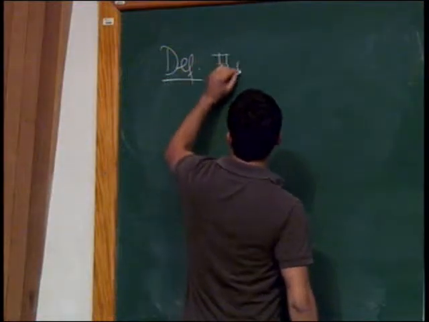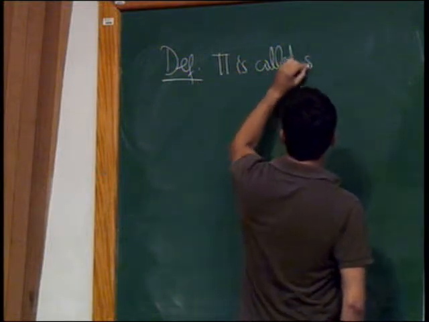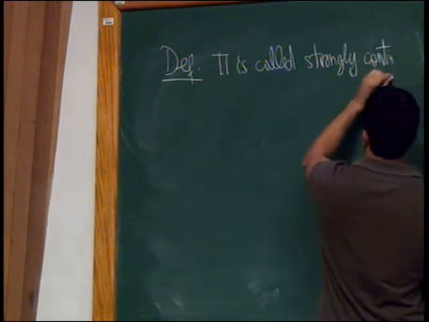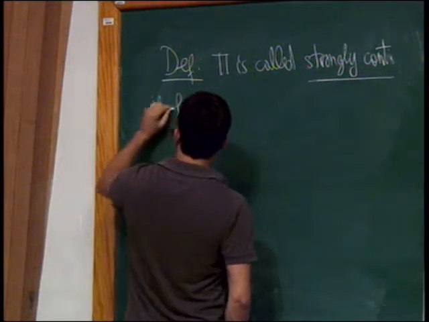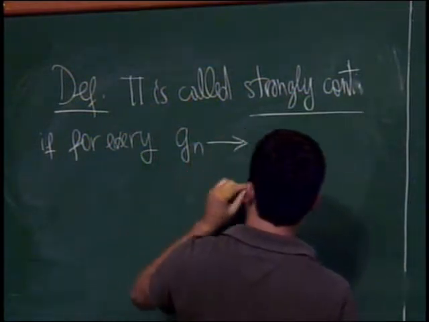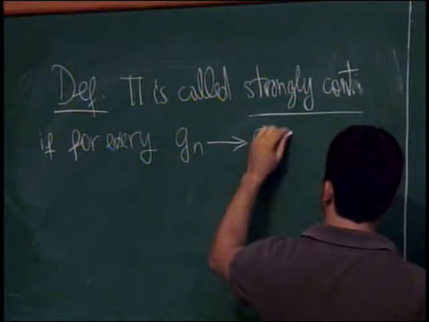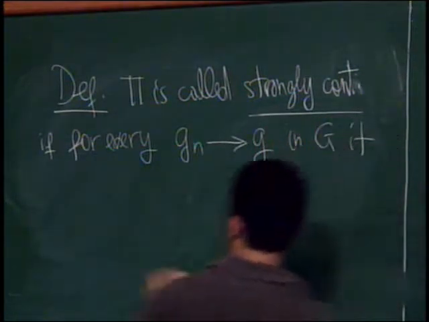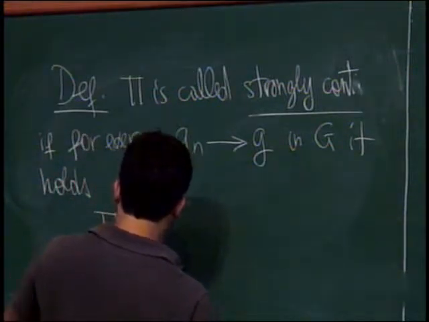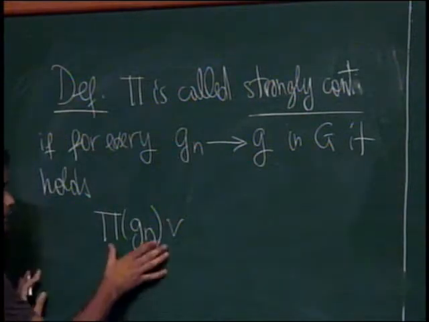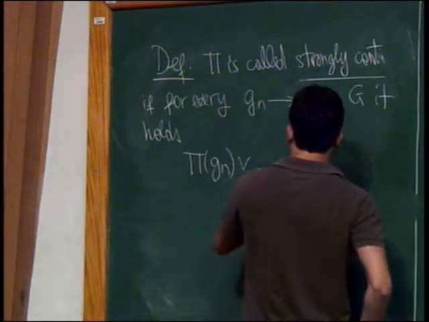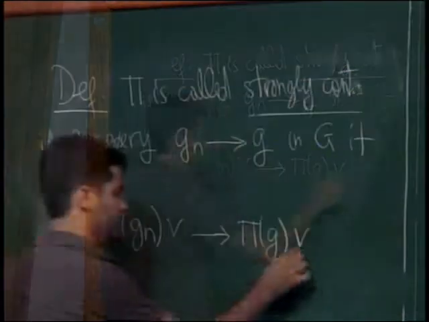So pi is called strongly continuous if for every sequence g_n converging to some element g in G, it holds that if you look at the image of a vector v under this sequence, this is a vector of your Hilbert space, and it is going to converge to the image of v under the limit.